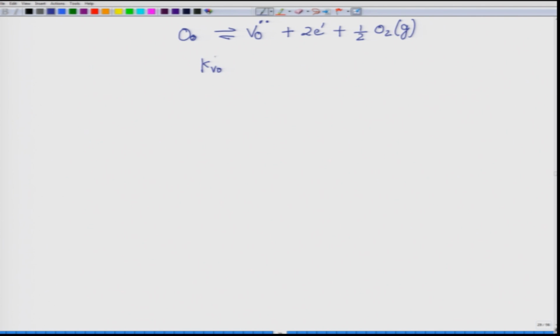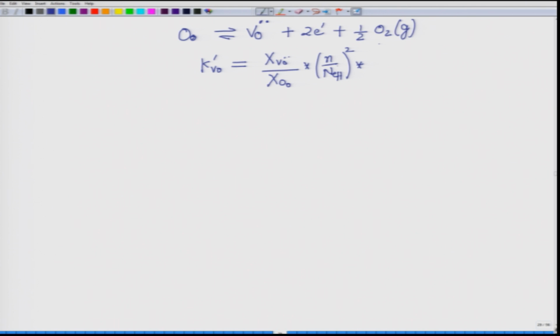Let us see, we will write it like this, K V O prime. For the vacancy, the activity can still be related to the concentration fraction, and therefore it will remain x. For the oxygen, we can still write x O O. Now, for the electron, the concentration ratio would be given as N by N effective, the density of states, and since there is a factor of 2, there will be a power of 2.